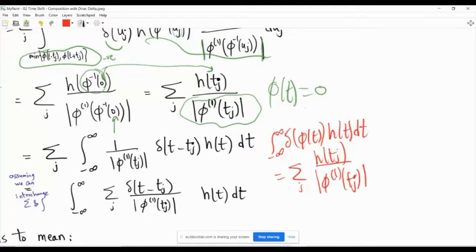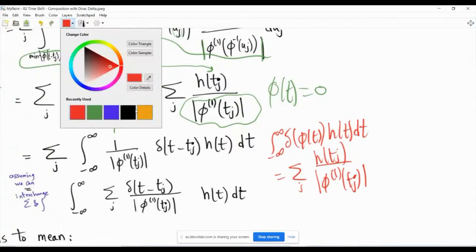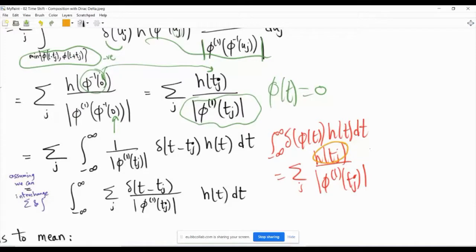Now, what is tj? I can take this h of tj and rewrite it as the integral from minus infinity to infinity of delta of t minus tj times h of t dt. So we got the value of the function h evaluated at tj, which is the effect that we get if we couple this function with the shifted Dirac delta under the integral sign.